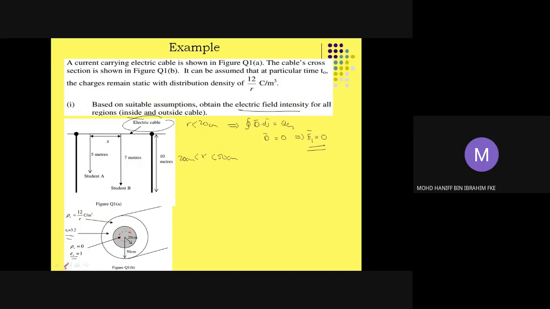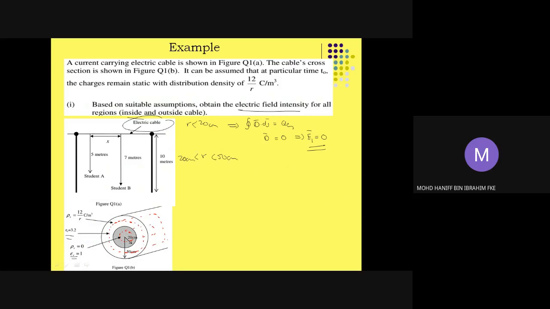We sketch the Gaussian surface for this structure. Basically the Gaussian surface should be a cylinder, but I just sketch its cross section to make it clear. The same applies to the first Gaussian surface just now, which is also a cylindrical structure.